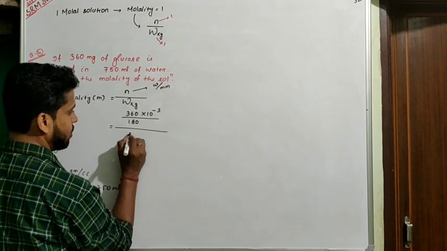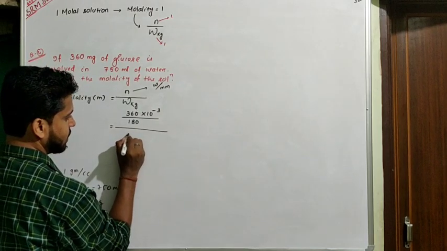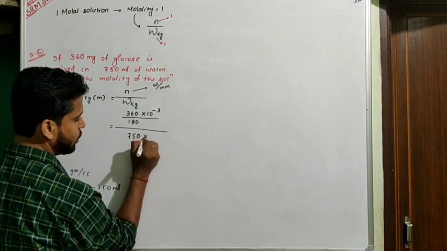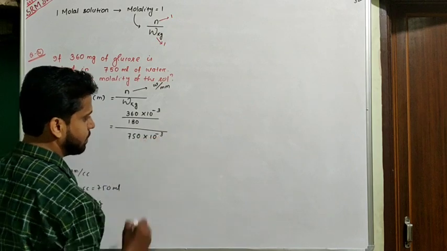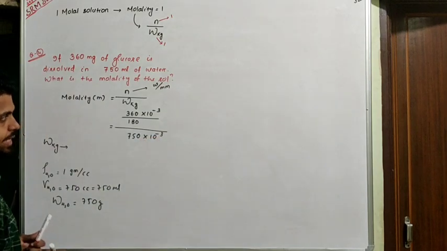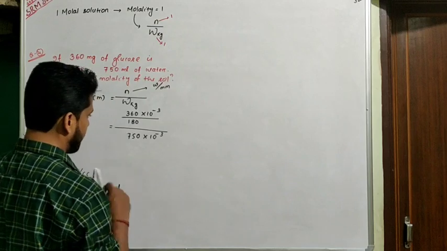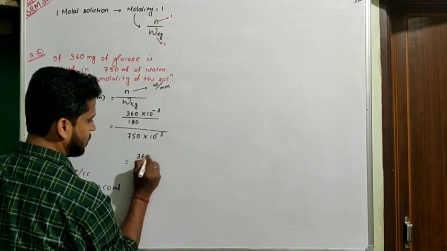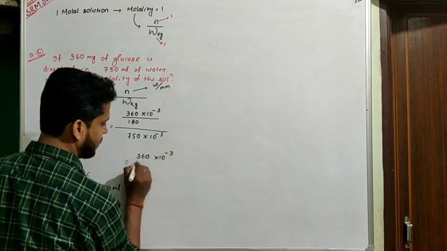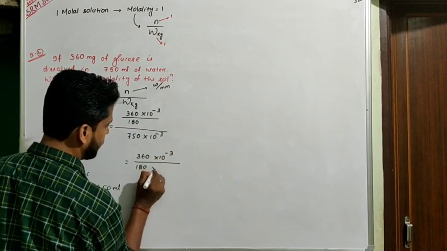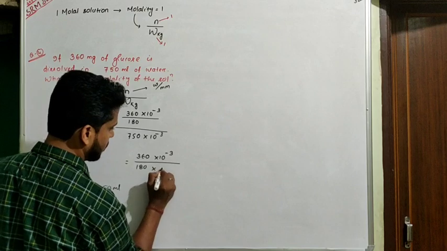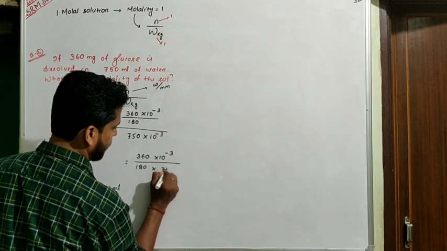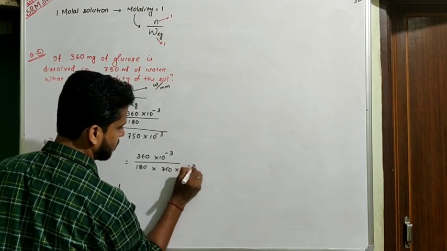750 gram means 750 into 10 to the power minus 3 kg. So it will be 360 into 10 to the power minus 3 divided by 180 into 750 into 10 to the power minus 3.